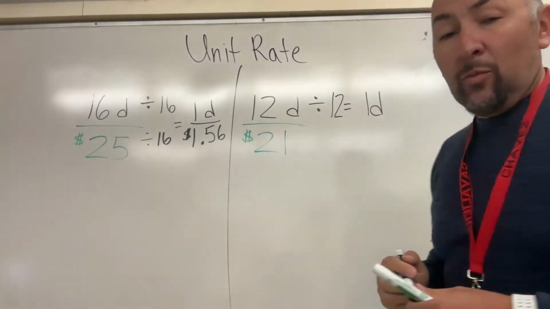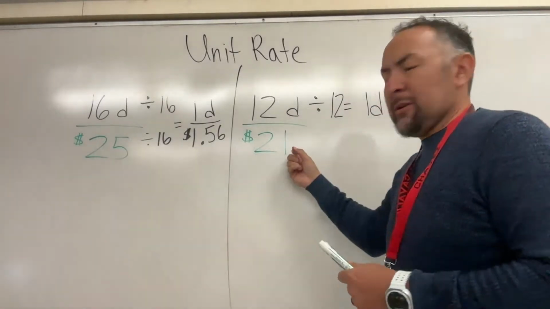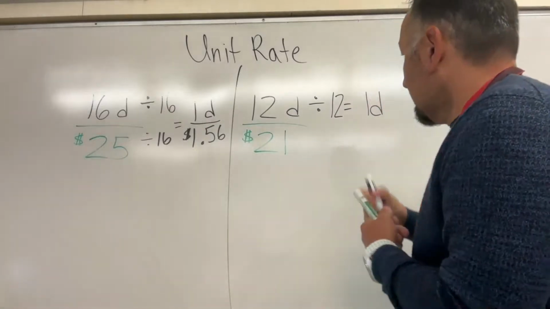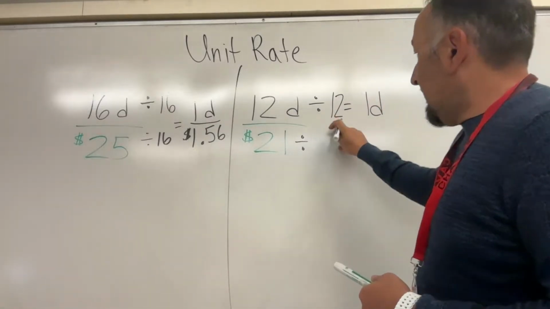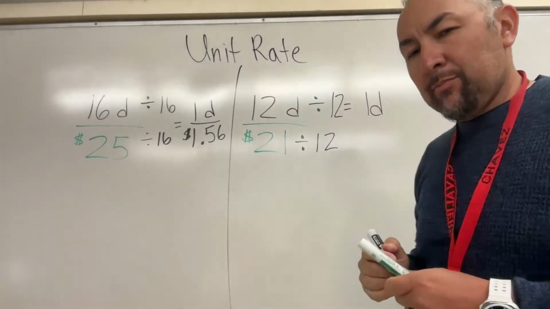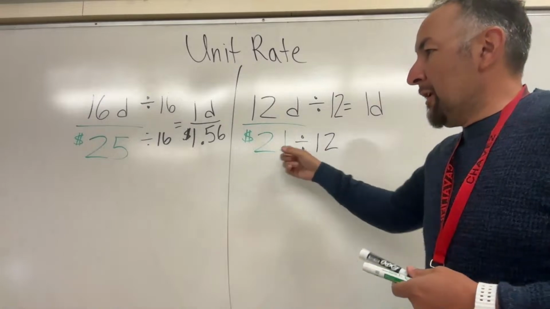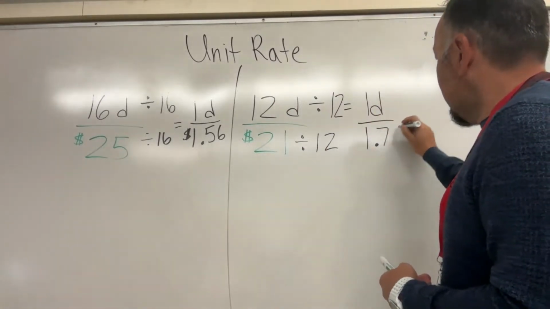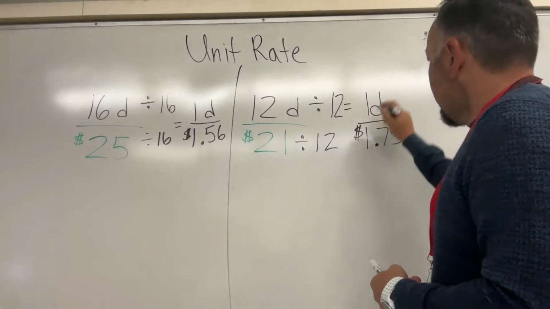That's going to equal 1. And what do we have to do down here to keep it equal, to keep it fair? Got to divide that by 12 also. Got to divide them both by 12. That would keep it proportional. And if we do 21 divided by 12, we get 1.75.